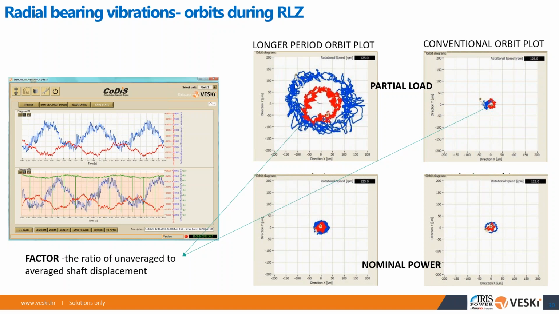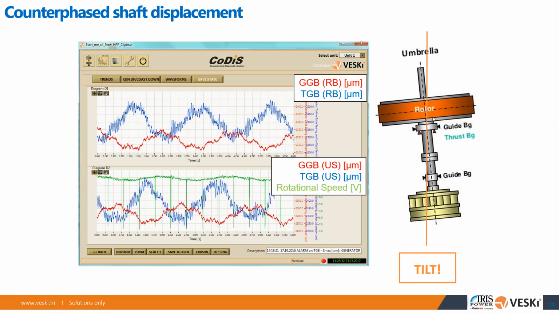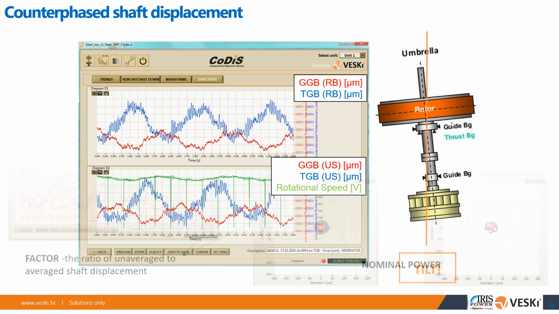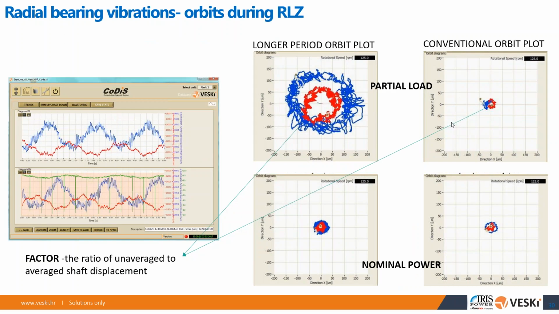This is the precessional movement of the shaft. So it's nothing to do with alignment. This shaft is perfectly aligned. When you go to low speed, there is no dynamics. But what happens is that the machine tilts and moves like this on the low frequencies, basically swirls around in a way. So these two are not related.